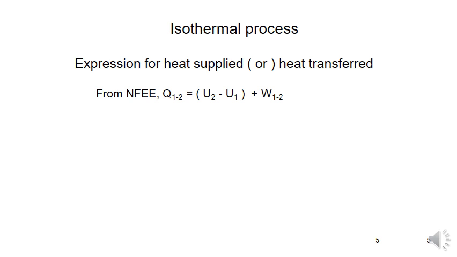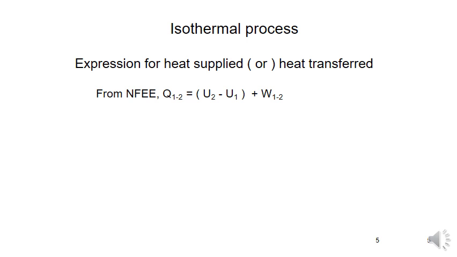That is, the heat supplied to the system from the surroundings is equal to the internal energy change plus work done. Here we are considering an isothermal process at constant temperature, so the internal energy change dU is equal to 0.